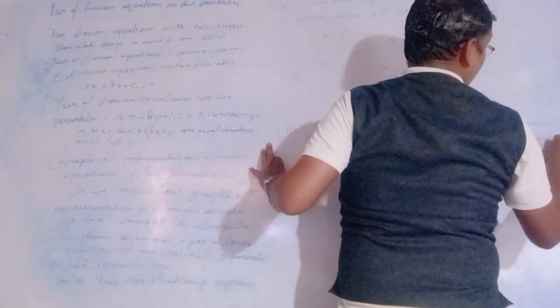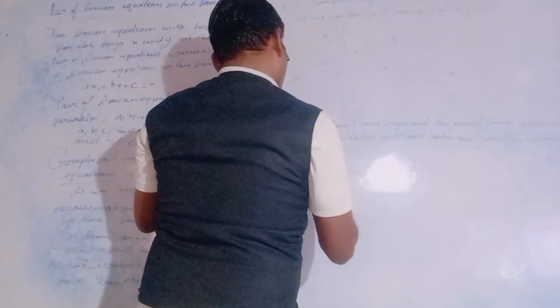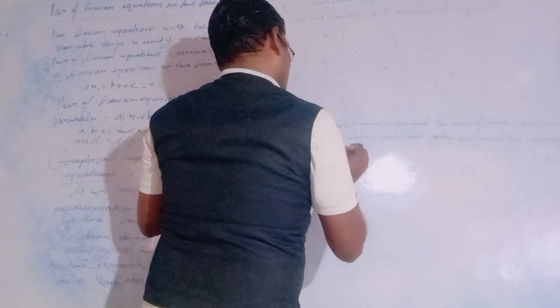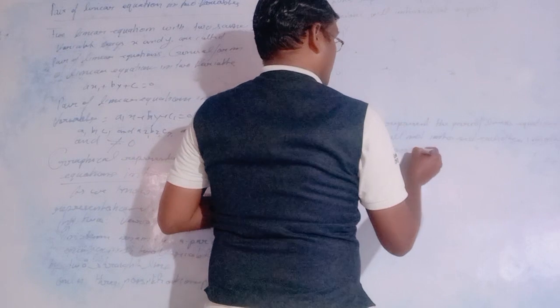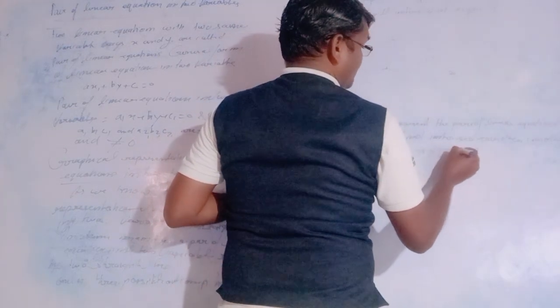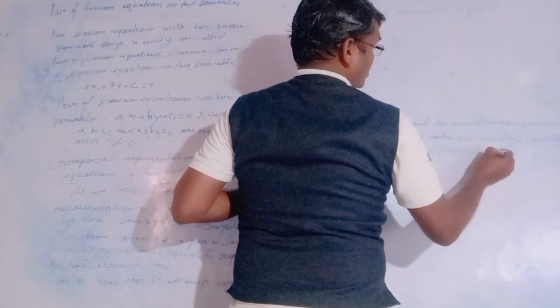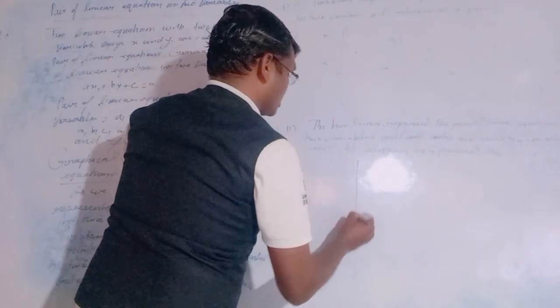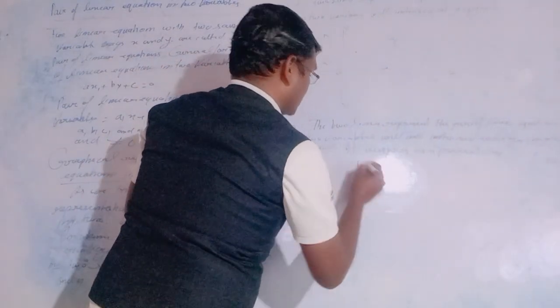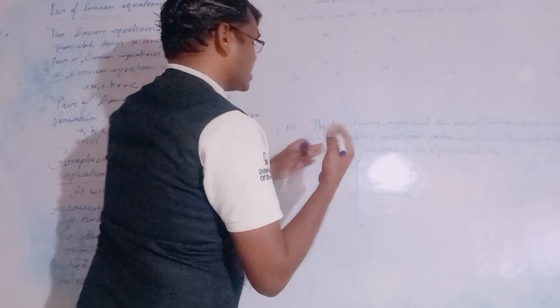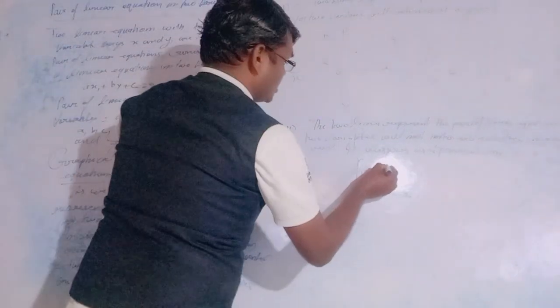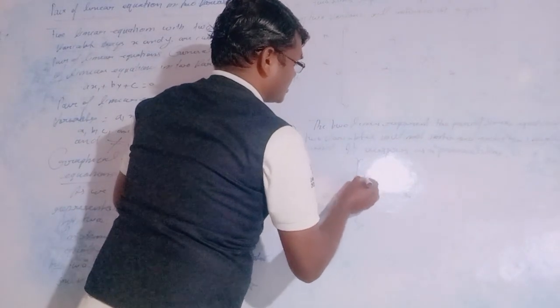In other words, they represent parallel lines. Suppose these are the axes x dash and y dash, and if we represent this pair of linear equations, we will find lines like this.